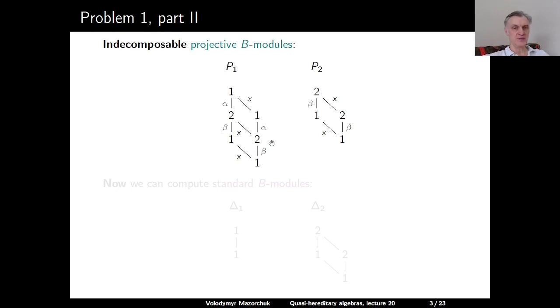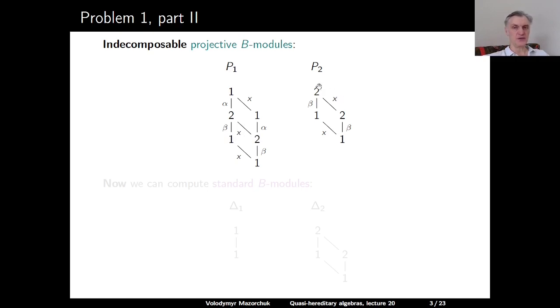And finally here, from this 1 we can go by x to this 1, and we can also come to this one by beta from this 2. And again beta and x commute by definition. So this is a diagram of P1.